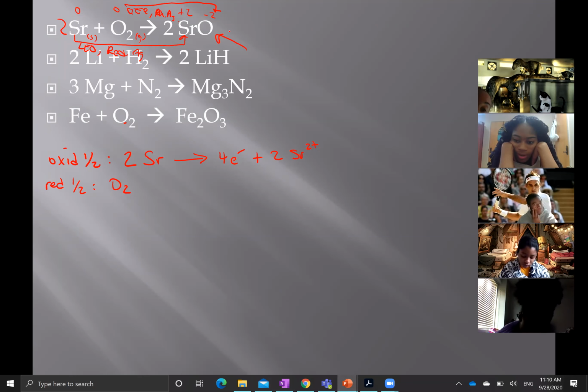Plus 4 electrons. Correct. Then O2 minus. Is that wrong? Yes, there are 2 oxygens, so it's 2. You need to always use the coefficients. That's going to screw you up. 2 O2 minus. So you have the form, right?